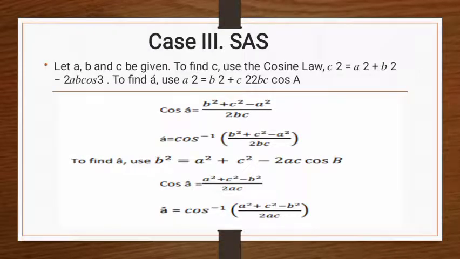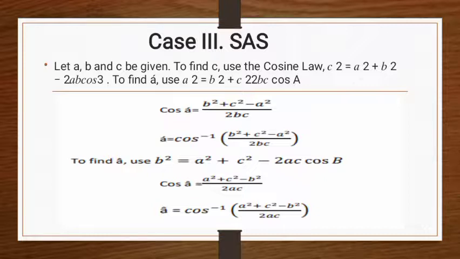Case number 3. Side angle side. Let A, B, and C be given. To find C, use the cosine law. C squared equals A squared plus B squared minus 2AB cos C. To find A, use A squared equals B squared plus C squared minus 2BC cos A. Cos A equals B squared plus C squared minus A squared, divided by 2BC. A equals cos inverse of B squared plus C squared minus A squared over 2BC.